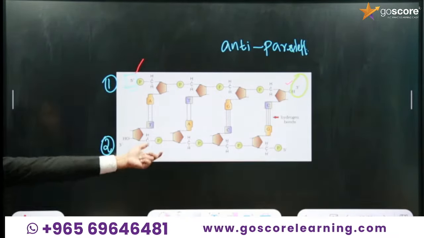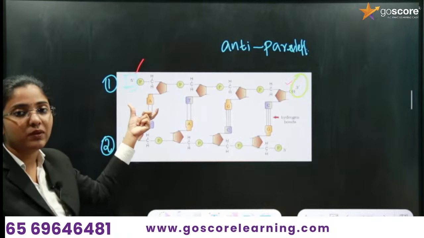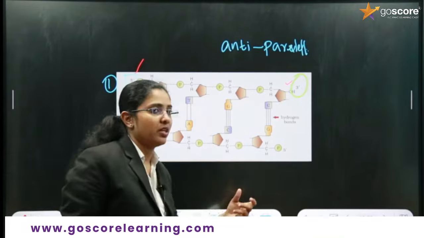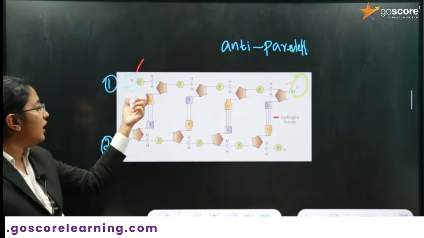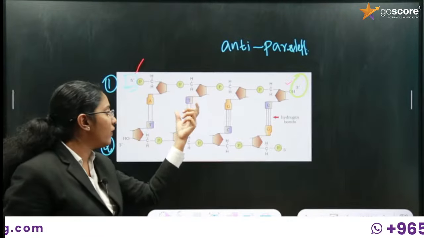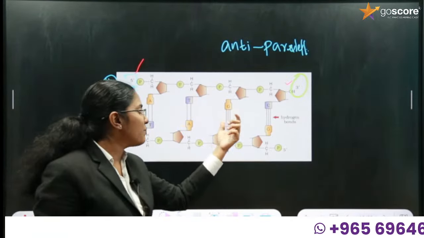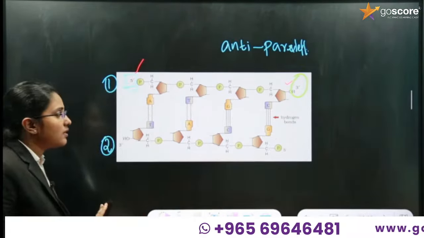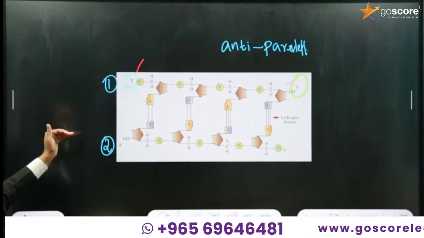Okay, so what are the different bases present here? It is adenine, thymine, guanine and cytosine. Adenine will be pairing with thymine. Thymine will always be pairing with adenine. Guanine is pairing with cytosine. Cytosine is pairing with guanine. You can find that pairing.